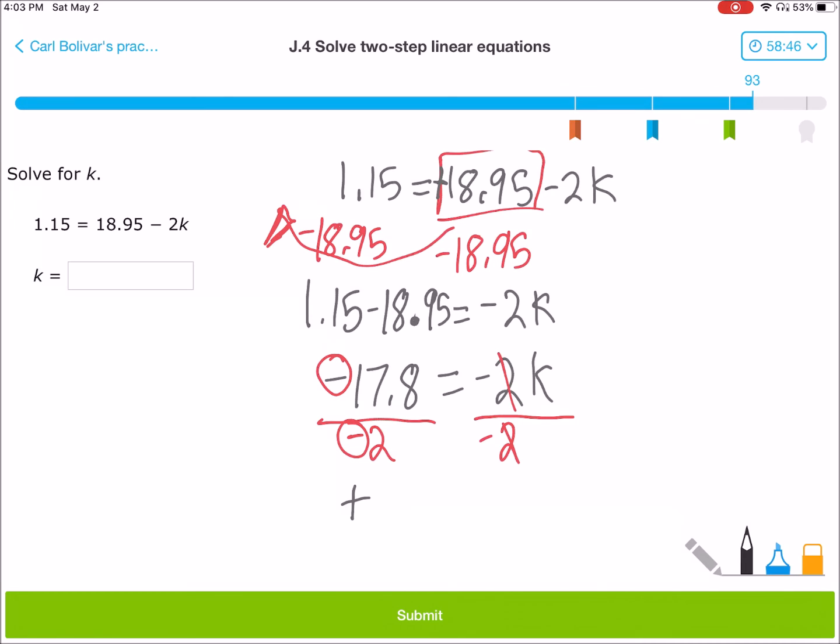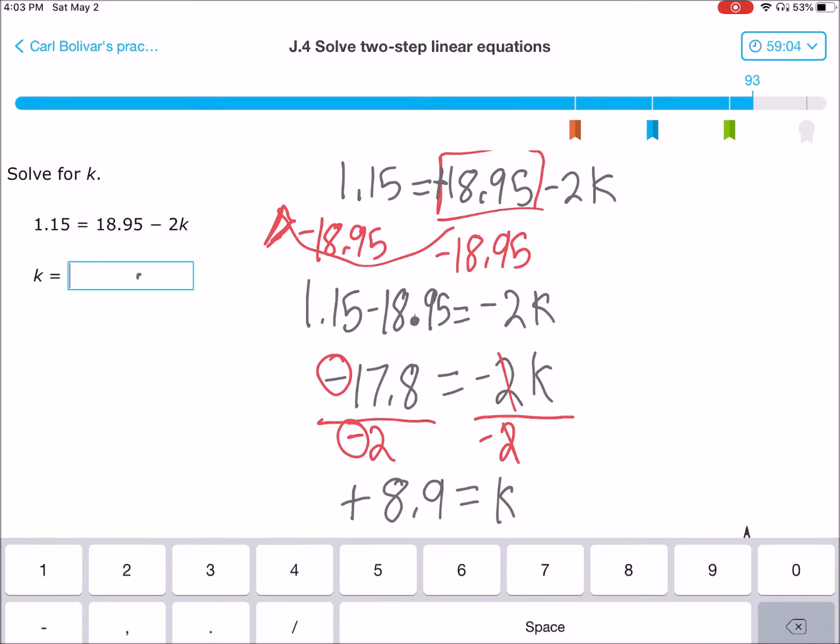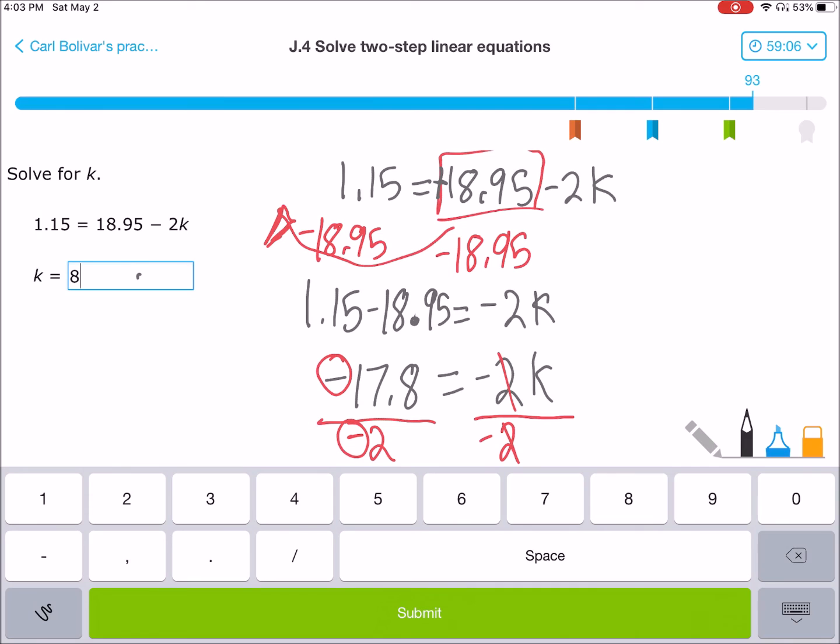So 17.8 divided by 2 is 8.9, right? Yeah, 8.9. So it'd be a positive 8.9 is equal to k. Alright, so we have 8.9. Hope this is right.